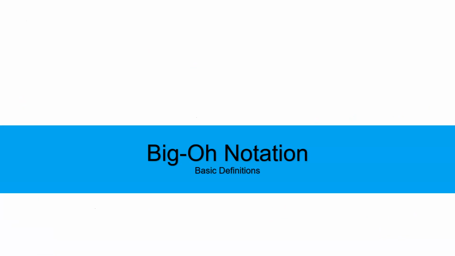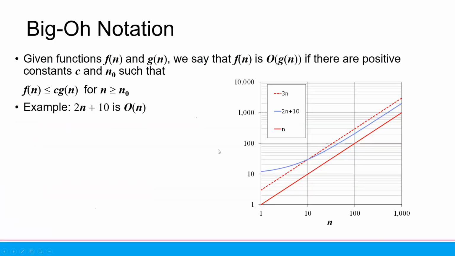The first part was about the algorithm analysis, and we need to understand the big O notation. The big O notation is a kind of function.